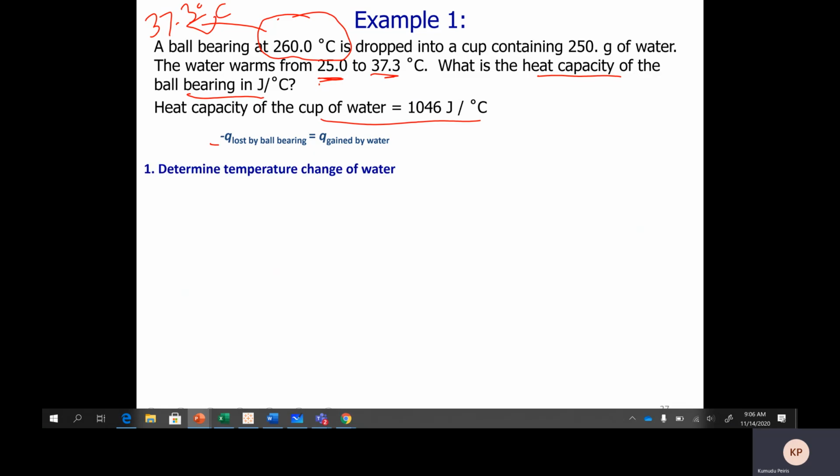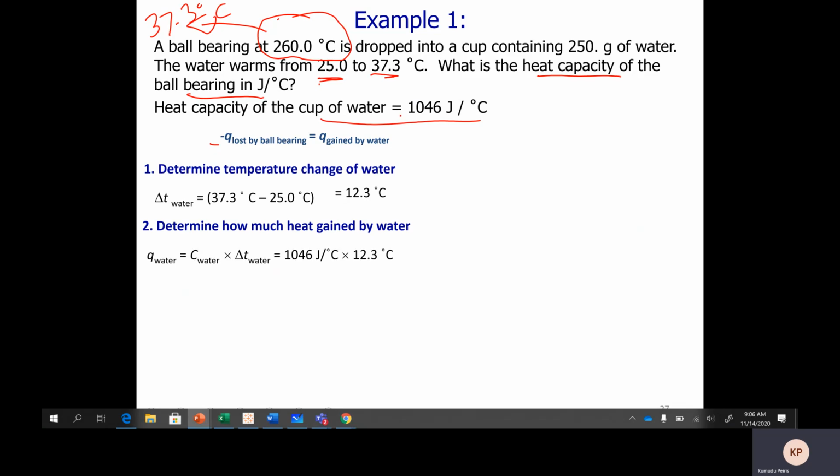Let's determine the temperature change of water. The temperature change of water equals the final temperature minus the initial temperature. The final temperature of water is 37.3 minus 25 degrees Celsius, and we get the value as 12.3 degrees Celsius. Second, determine how much heat was gained by water. We are given the heat capacity of water.